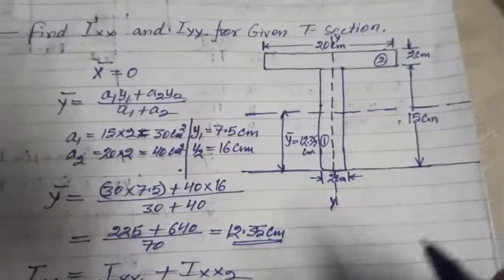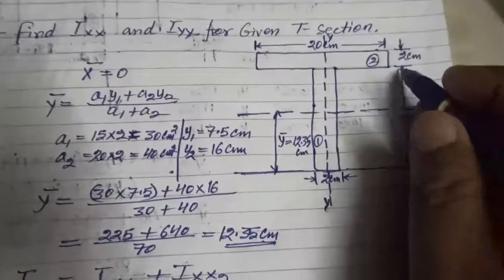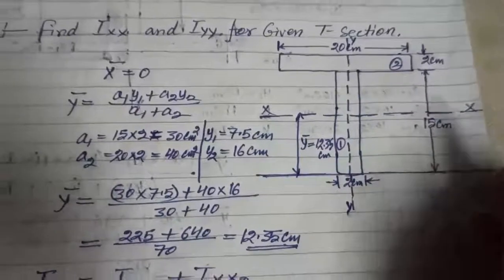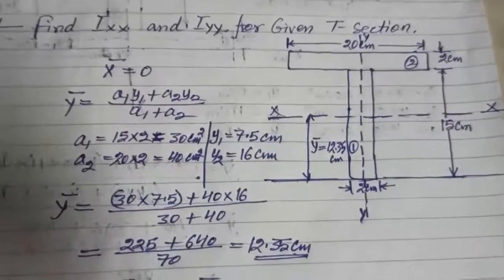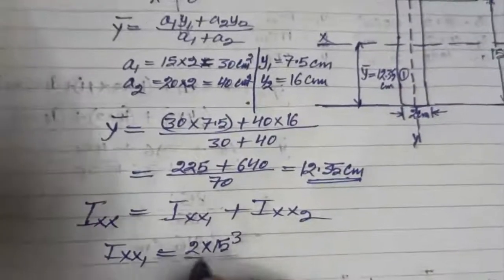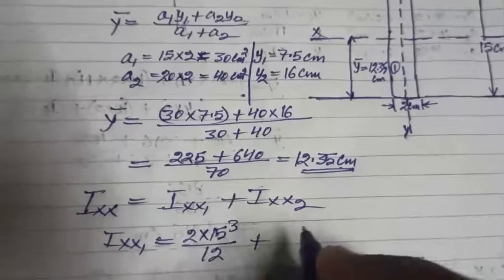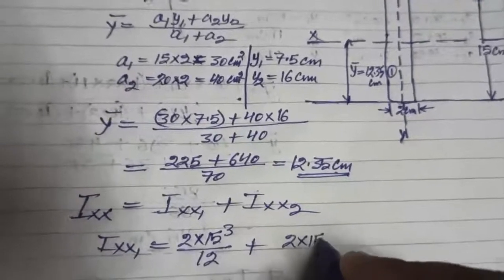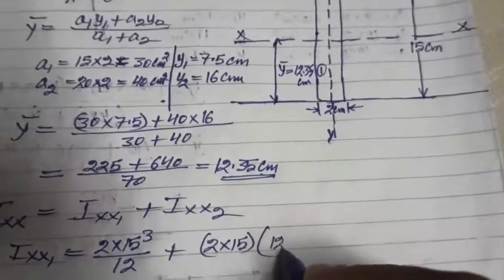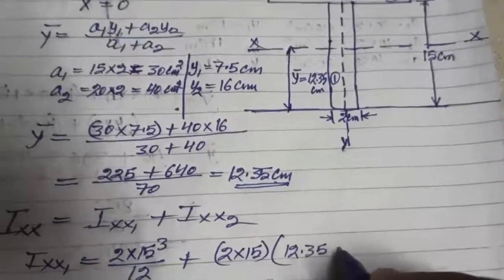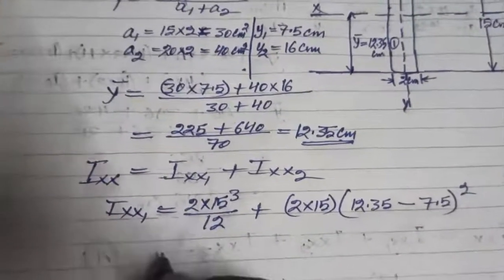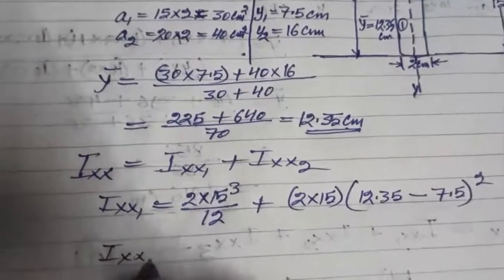D is 15, because it is the cube of the perpendicular side of XX. So 2 into 15 cube divided by 12, plus area 2 into 15, into Y bar minus Y1, the whole square.